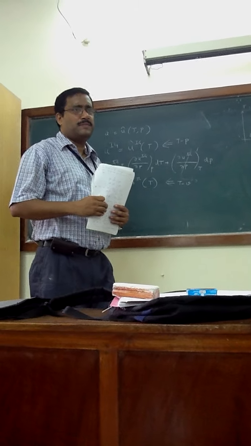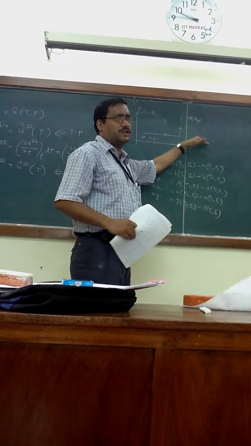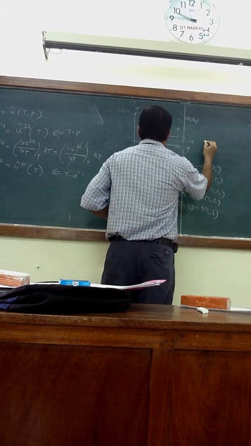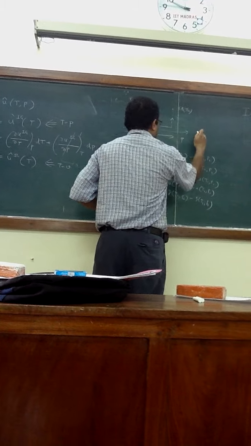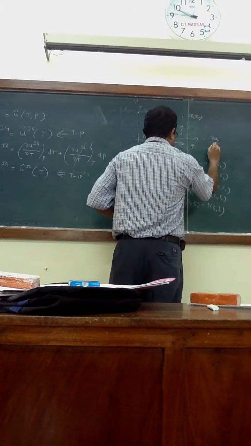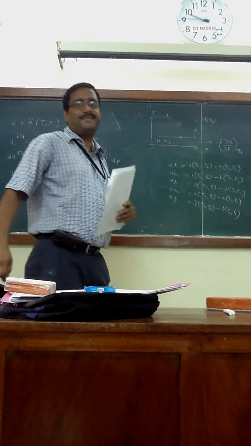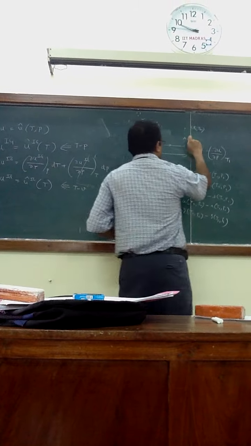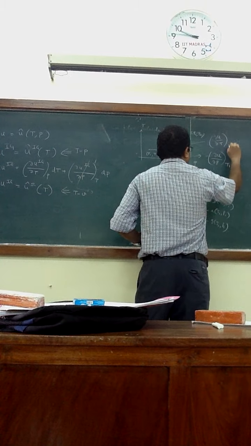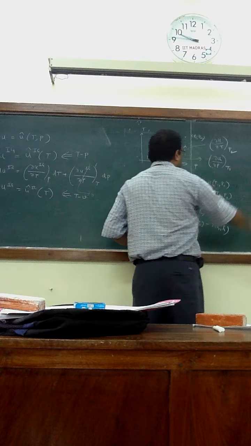Yes. Along this line, temperature is constant. So, what are we measuring here? We are measuring along this path delta U, or ∂U/∂P at T1. Along this path, I am measuring ∂U/∂T at T2.